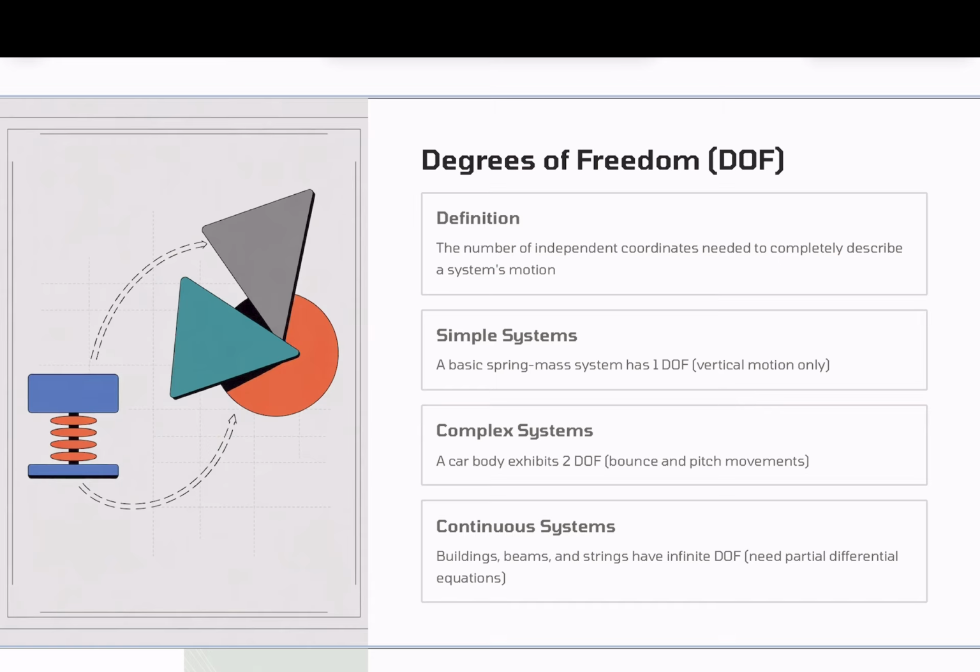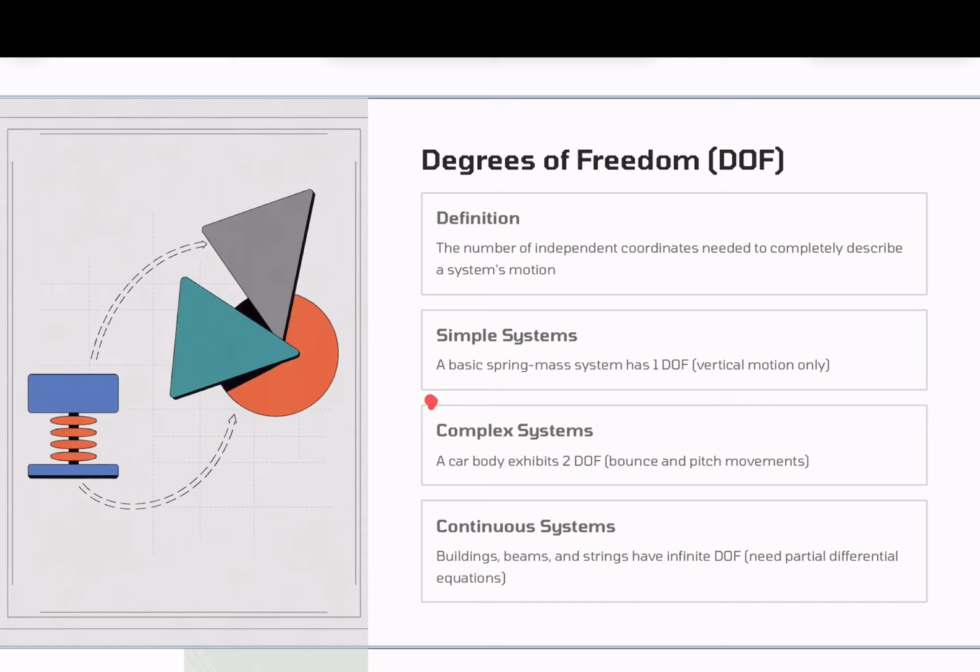In a simple way, it tells us how many directions or types of motion we need to track, okay? Let's take a simple system, a basic spring-mass system. It has just 1 degree of freedom. That means we can fully describe the motion using 1 coordinate.